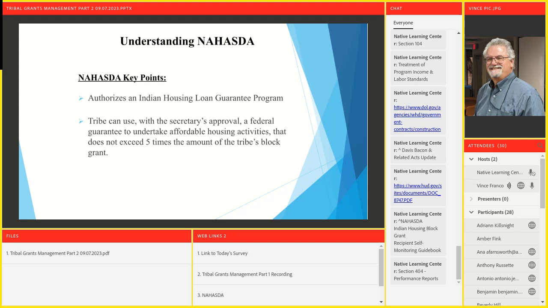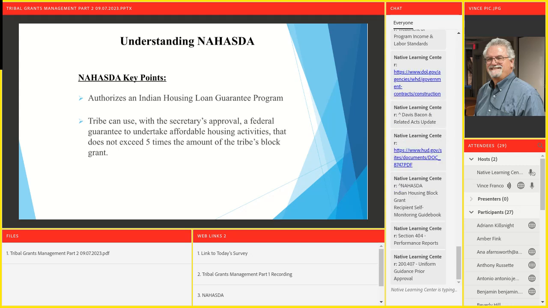And you see it in the checkbox. 200.407 is the prior approval, where you need to have written approval from the ONAP office, in this case, if you're an IHBG recipient, for a variety of different categories. Secretary's approval is like the Queen's English for saying a written prior approval to do certain things. So that's where it lives.